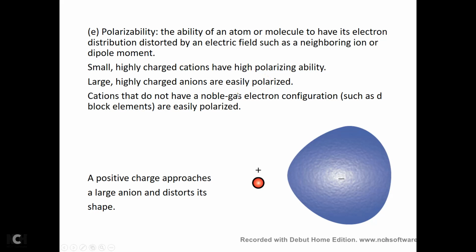Nitrogen 3 minus can be more easily polarized, and phosphorus 3 minus can be even more easily polarized than nitrogen 3 minus, only because phosphorus 3 minus is larger. If we're talking about molecules, in general, larger molecules can be easily polarized. For example, bromine can be more easily polarized than chlorine, than fluorine.